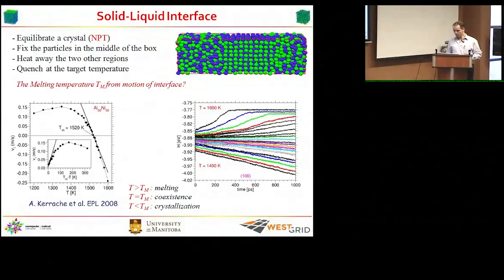Now from this system, we can run different simulations at different temperatures. If we are, for example, at higher temperature, the system will melt completely. If we run the simulation at very low temperature, the crystal can grow.